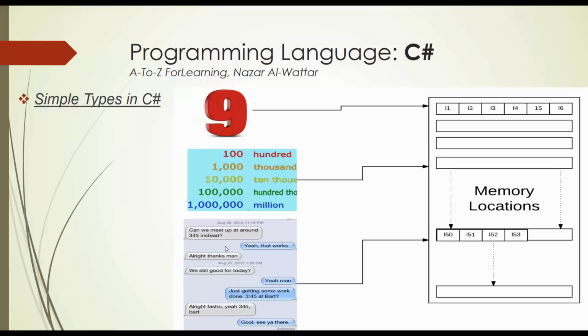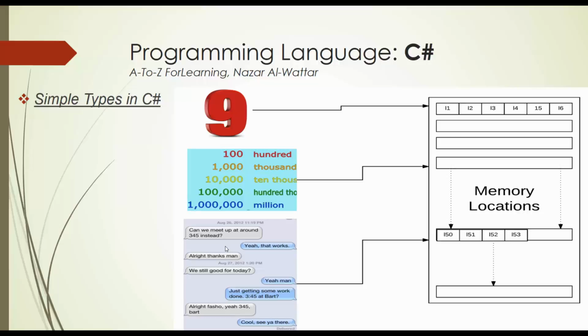For example, as we can see here in this picture, the number of bits that we use to store the number 9 is different from the number of bits that we use to store a number like 100, which consists of 3 digits, or a number like 1000, which consists of 4 digits, and so on.